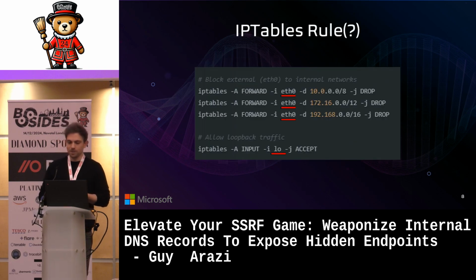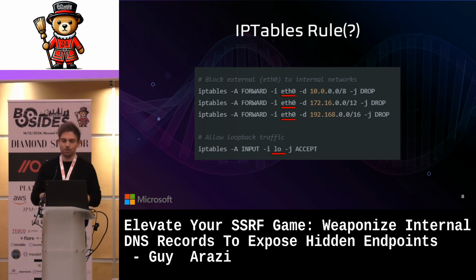We also have iptables, which can block a specific interface card from accessing internal resources. But what about the loopback interface? The loopback interface essentially can access anything on the system because it's not coming from an interface that sits on the LAN; it sits locally on the host.